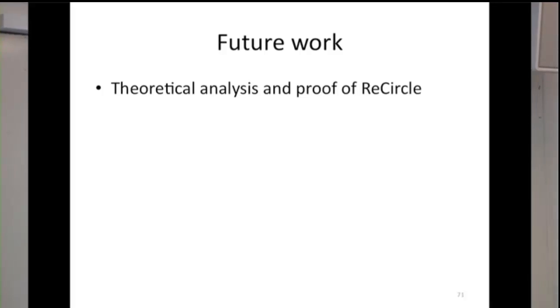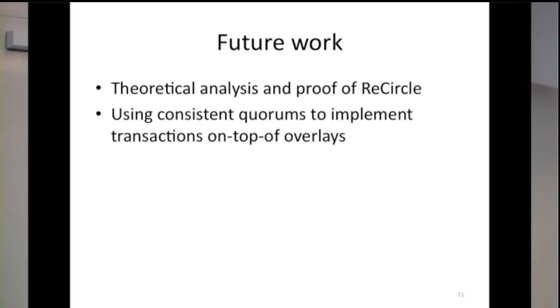For the future, like one of the points that Peter also mentioned, we want to give a theoretical proof, not just a proof but also bounds on how many messages or how much time it will take to do mergers. We also want to use this concept of consistent quorum because it's very nice. It gives you a consistent view of who the membership is. We just used it to build a key value store. We believe that you can do much more. You can build transactions on top of them, which is very strong.